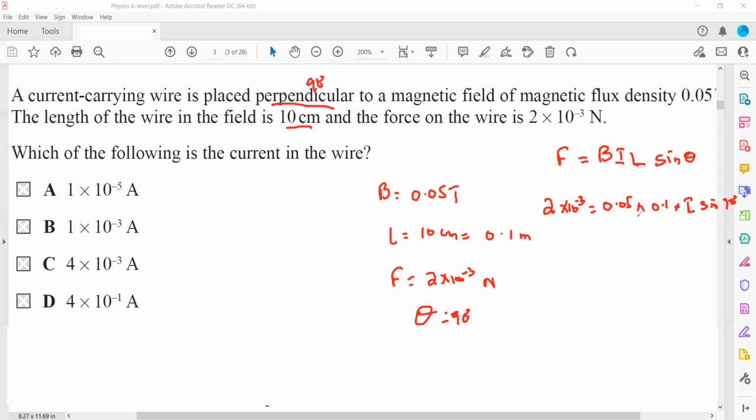So this whole factor is multiplied, on the other side it will be divided, so it will be 2 into 10 to the power minus 3 divided by 0.05 into 0.1. So when we substitute the values, I will come out as 4 into 10 to the power minus 1 ampere. So we just have to use the direct formula to get the answer.